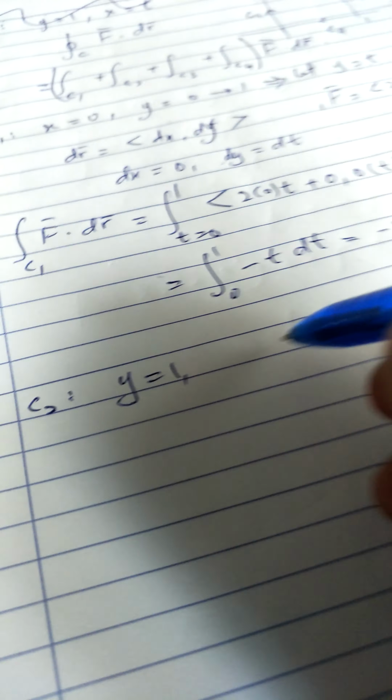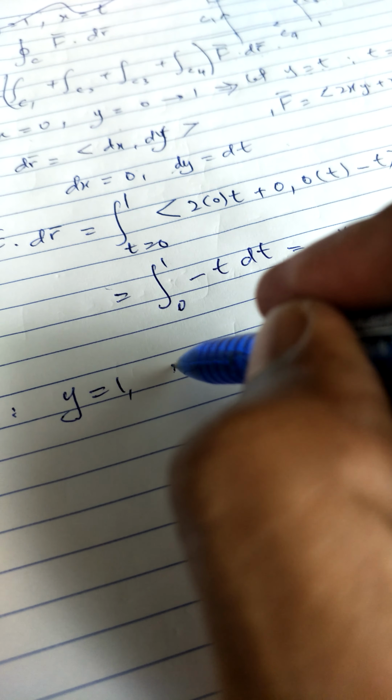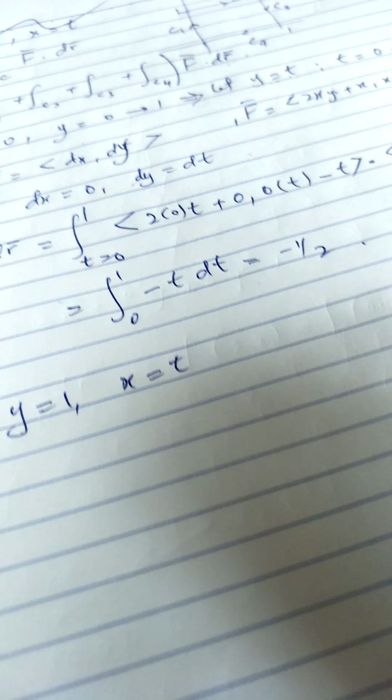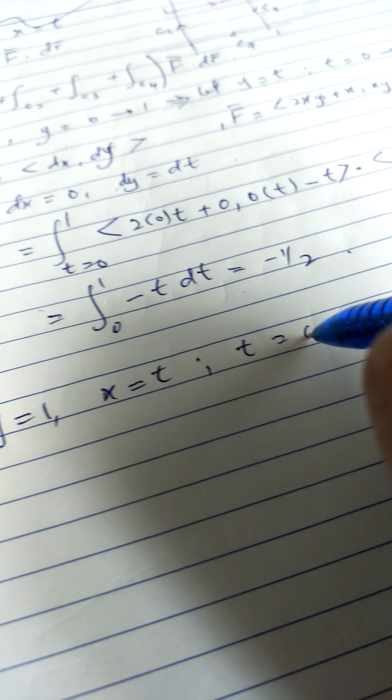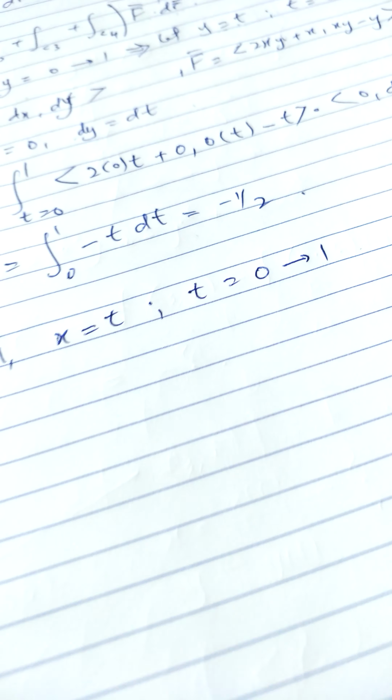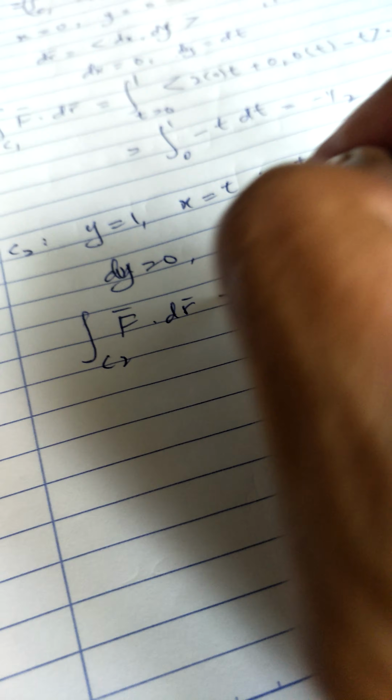So we take y equal to 1 and x equal to t, where t goes from 0 to 1. We need dx and dy. Our dy is 0, our dx is dt.